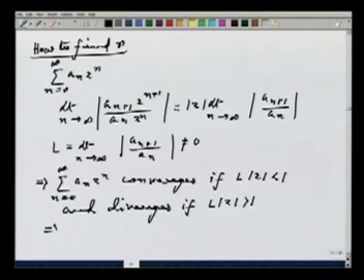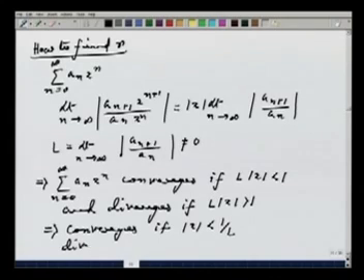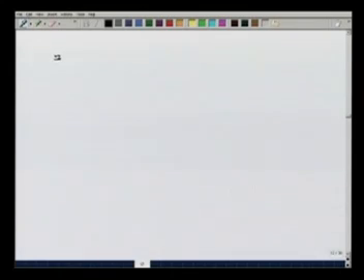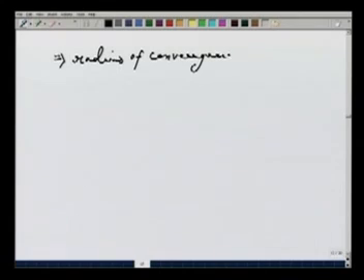That implies that the series converges if mod x is less than 1 by L, and diverges if mod x is bigger than 1 by L. That certainly implies, by the definition coupled with theorem 1, that radius of convergence is equal to 1 by L.